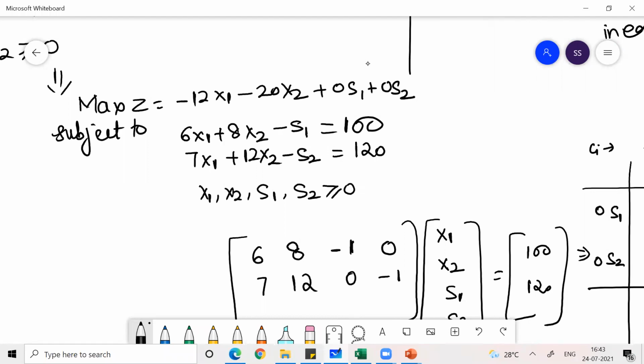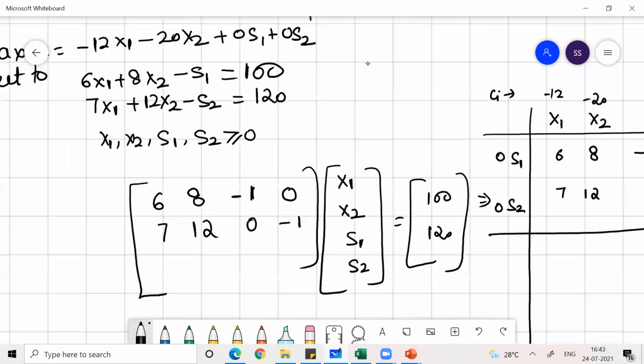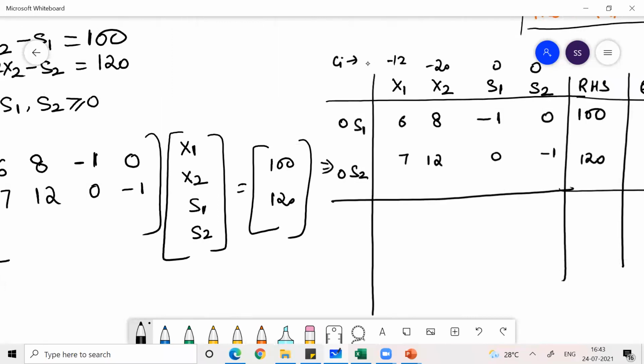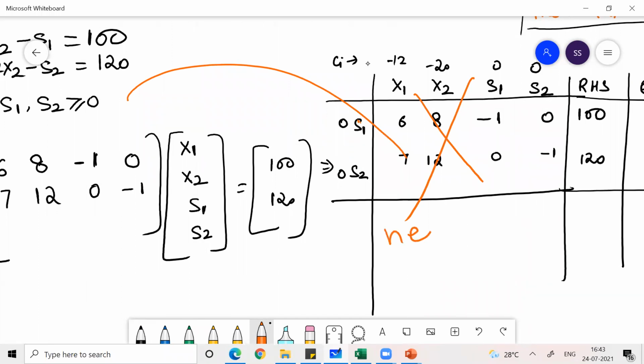The problem with the negative slack variable is that you cannot apply the logic of iteration, whatever I have taught you so far, on it.